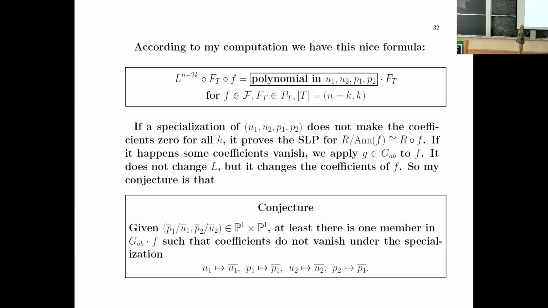But even if this is zero, perhaps we can find some linear transformation of the variables without destroying the symmetry. I can make the coefficient non-zero.